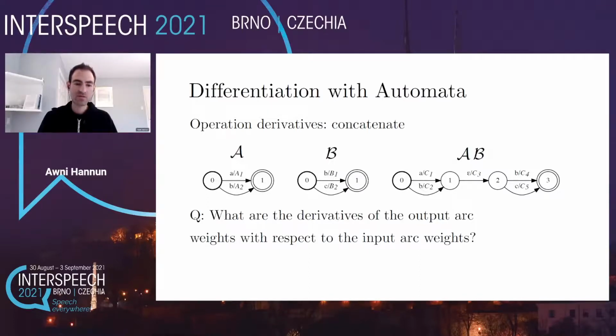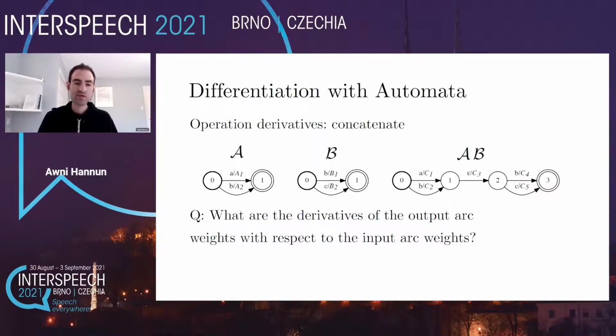So what does that even mean? Well, if we have the arc weights of the concatenated graph, I would like to know the derivative of one of those arc weights with respect to one of the arc weights of the input graphs. And I'd like to know that for all of the arc weights of the output graph with respect to any of the input graphs.